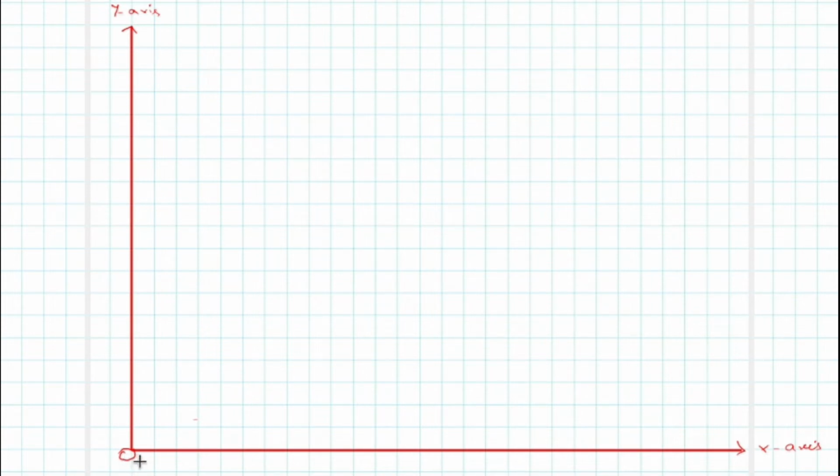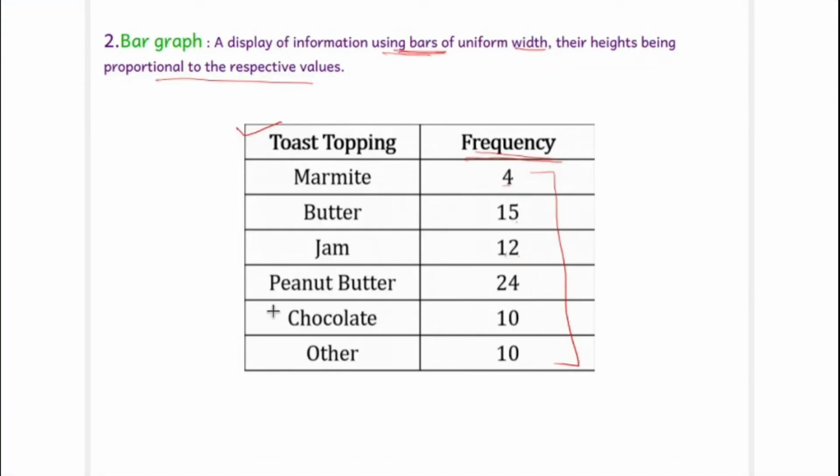Now see, along the y-axis we will mark the frequencies given below. So here the first one is 4 and 15. That means the lowest value is our 4 and the highest value over here is 24. Now see, here even number as well as odd number is there.